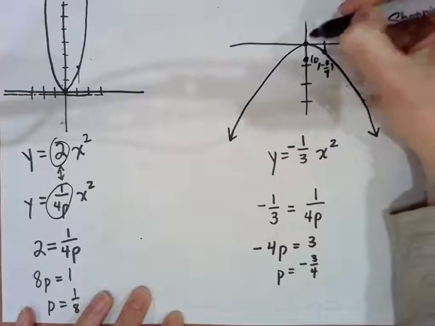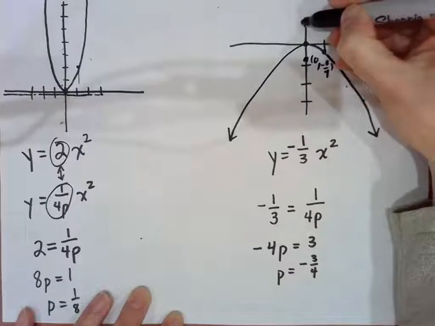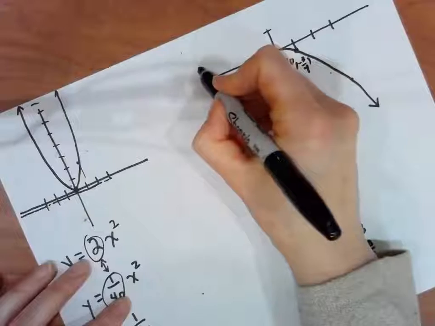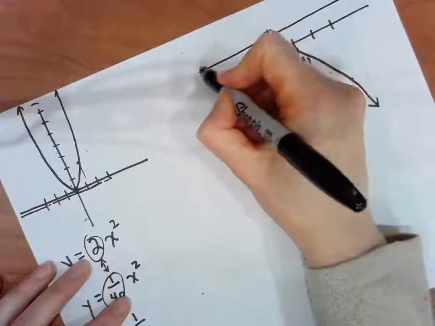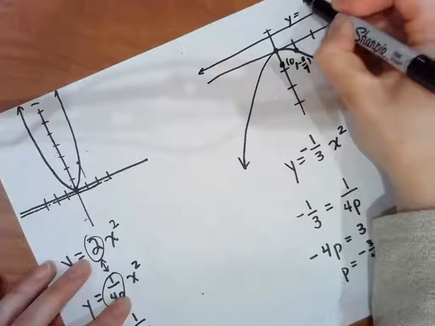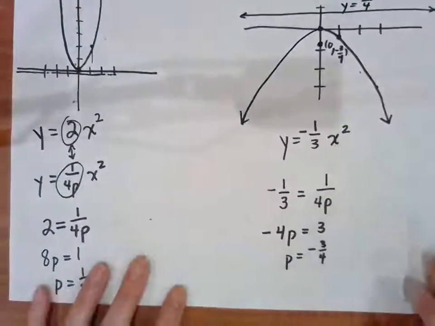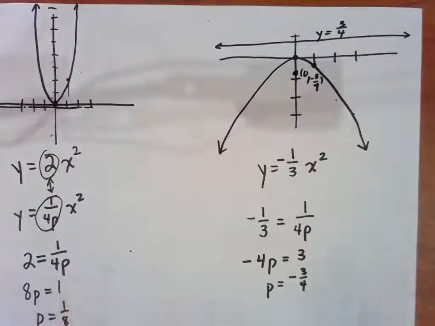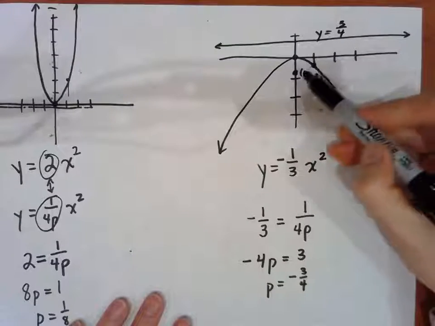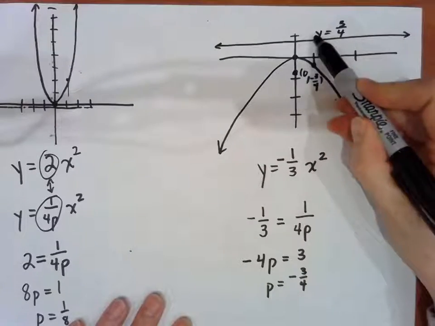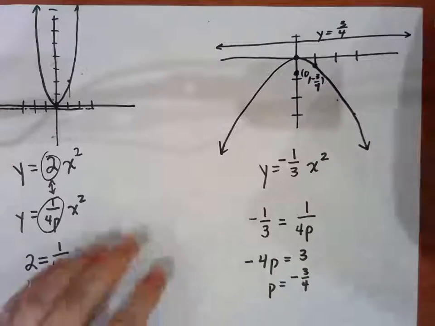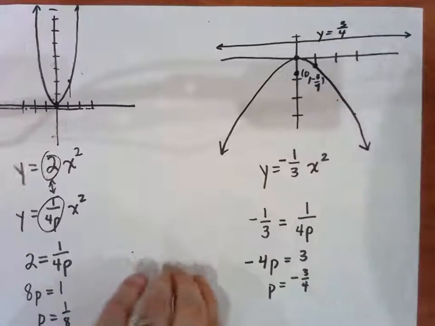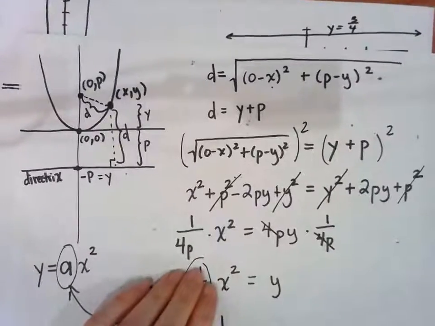And then the directrix is at y equals positive 3/4. Okay, and then we should get that the distance here and the distance there are exactly the same. Okay, so with that in mind, we have some problems to do.